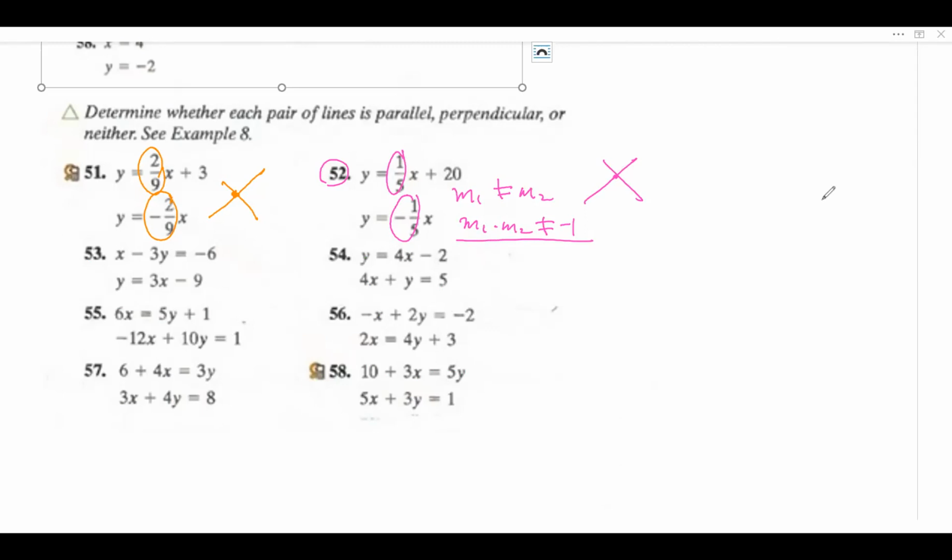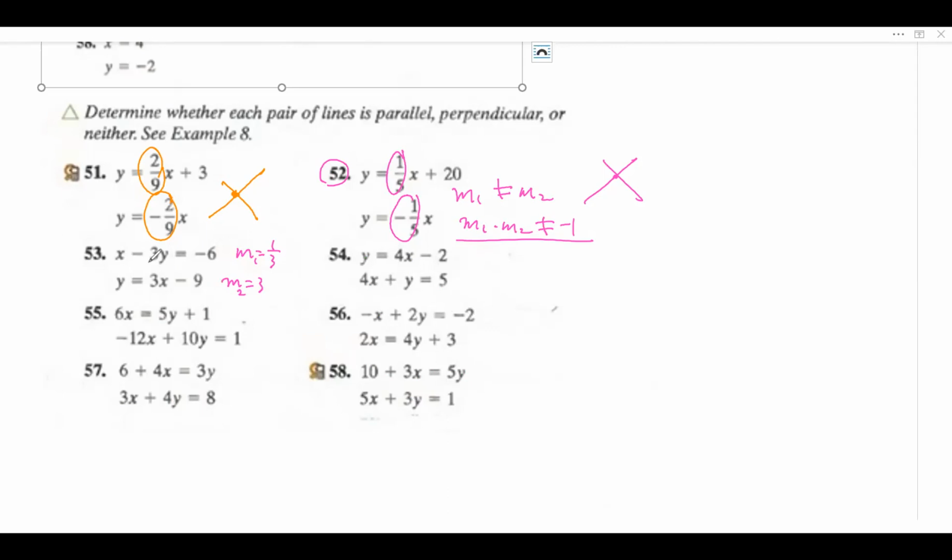All right. So we need to read out the slope quickly. So like this one, M equals what? Equals 1/3, right? Can you guys do this one quickly? The other one, the slope here equals 3, right?